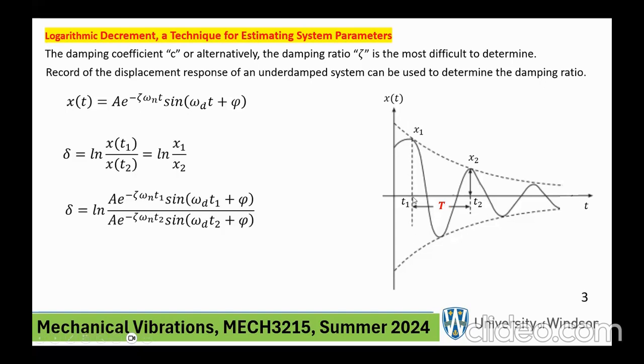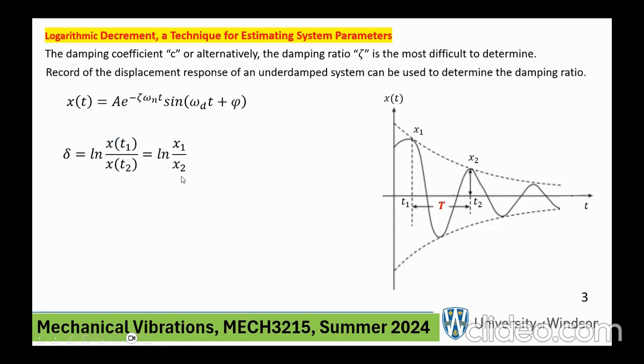Now let's move on. Suppose this first peak appears at t1 and the second peak appears at t2. Let's call these peaks, which we can actually look at on the screen of our display attached to the accelerometer, x1 and x2. So delta, which is called the logarithmic decrement, is defined to be the natural log of x1 over x2.